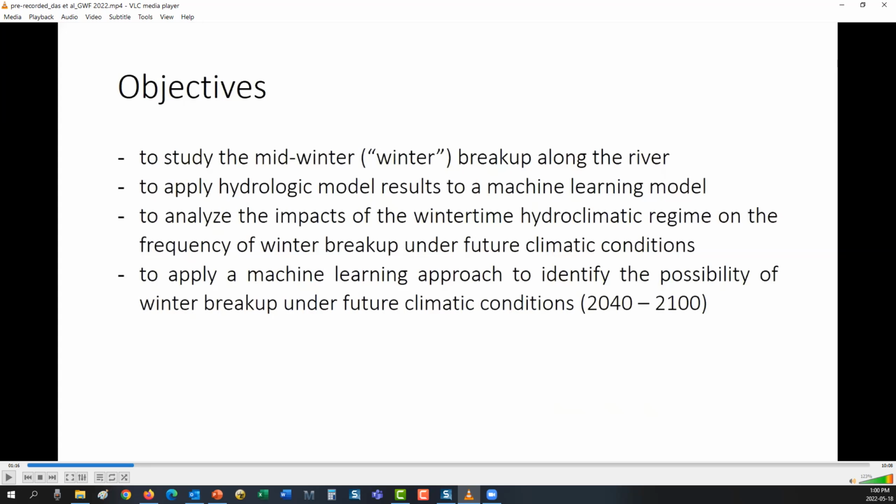And we're applying hydrological modeling and machine learning models to determine the propensity for midwinter breakup, and looking also at future climatic conditions, what the propensity for midwinter breakup can be.